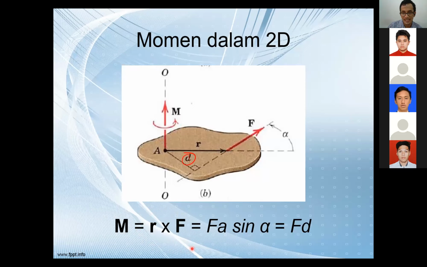The force multiplied by the distance. Remember, the distance in the scalar form is the perpendicular distance. So here, remember, the d here is the perpendicular distance. So F multiplied by the perpendicular distance will be the moment.